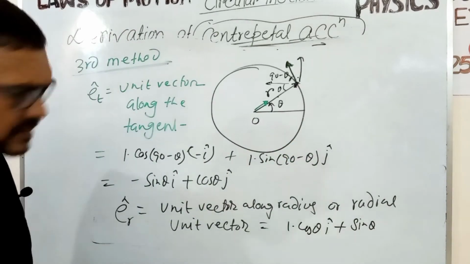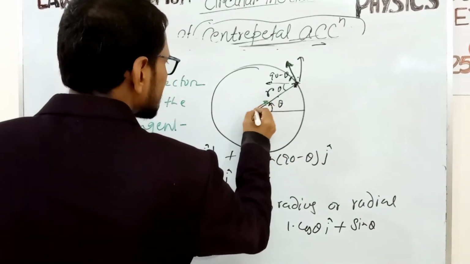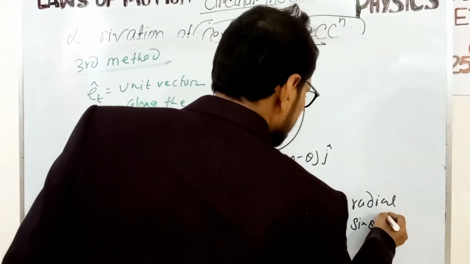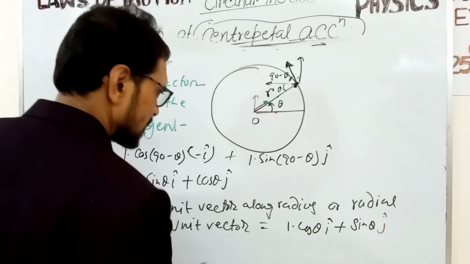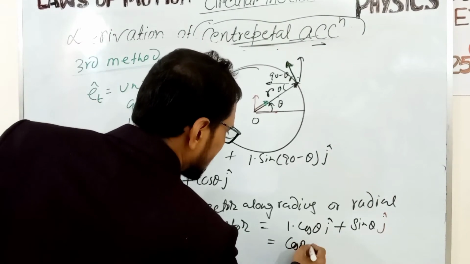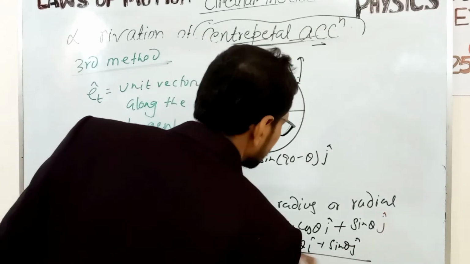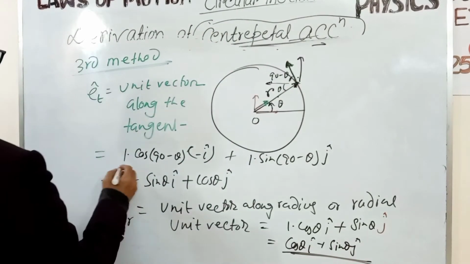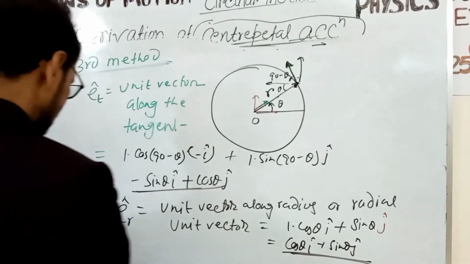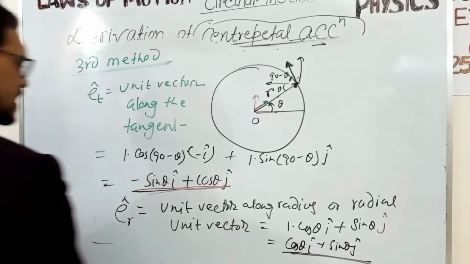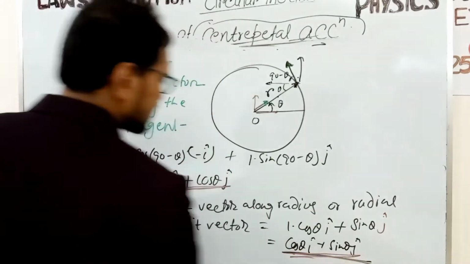So the radial unit vector is this component and this component, that is cos theta i plus sin theta j, and et, this is very important: et is the unit vector along the tangent, and er is the unit vector along the radial.